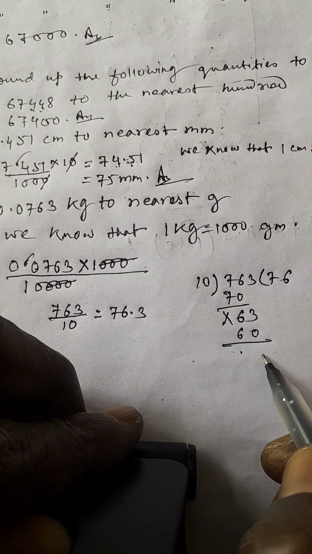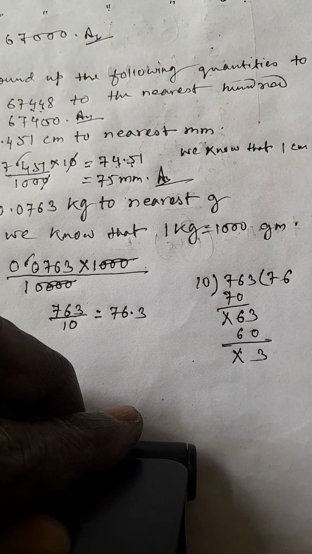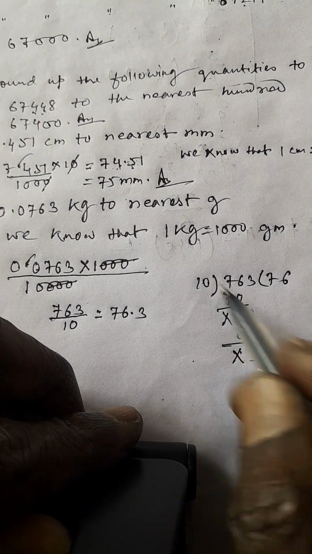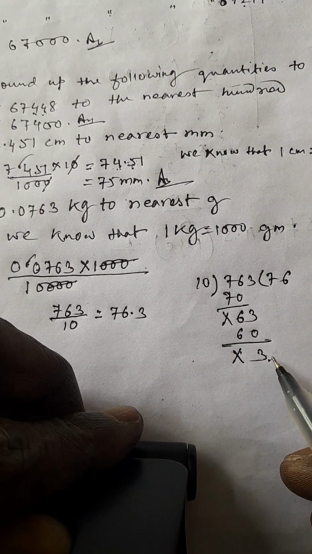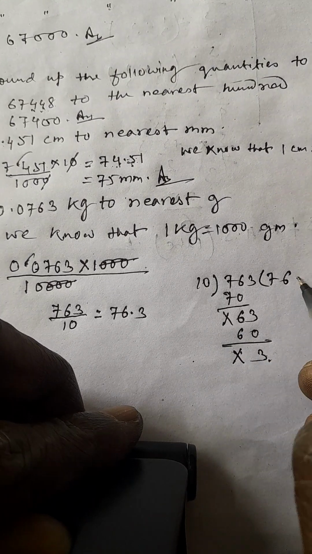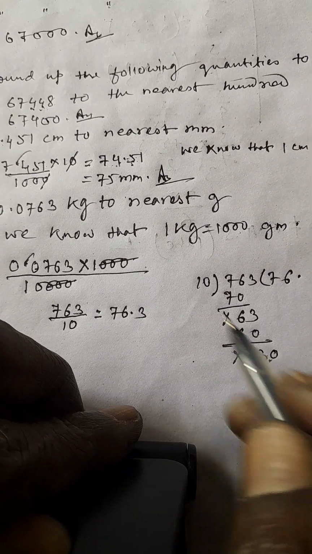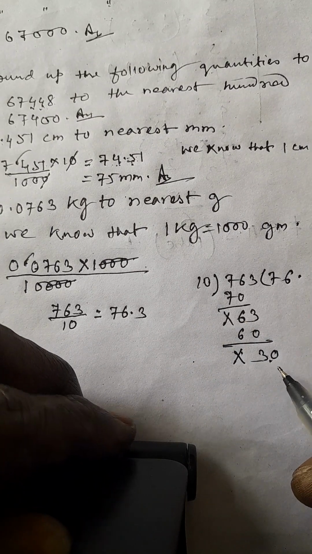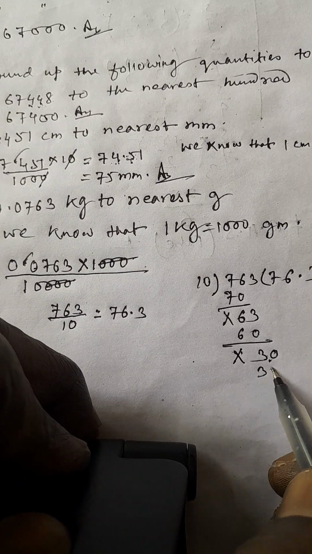If you subtract, you get 3, and 6 from 6 is 0. Now again this is 3, and in the table of 10 it cannot be divided, so we put a decimal here and take a 0. So 30 can be divided by 10, 10 threes are 30.